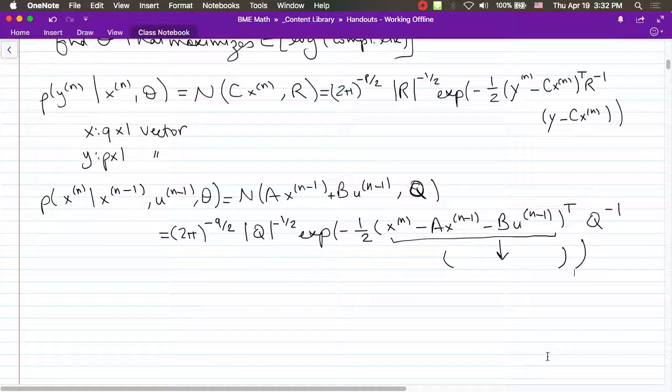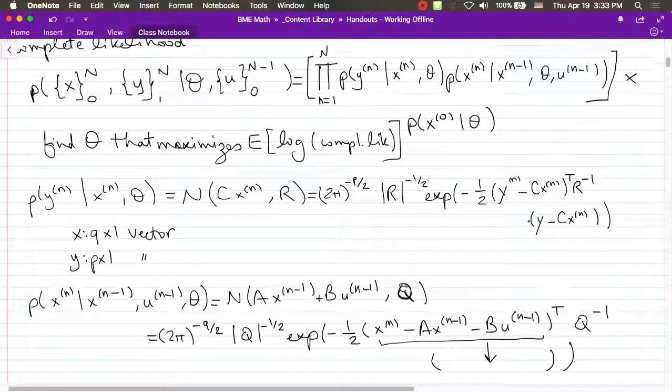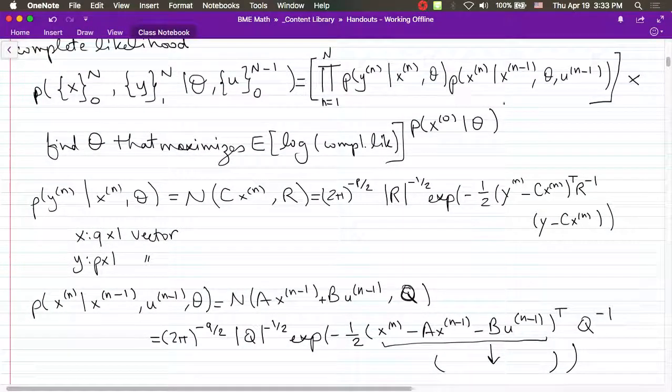Right, so that's two normal distributions in terms of the variables that we don't have. Basically all these variables we have to find. We have to find Q, we have to find A, we have to find B, we have to find R, we have to find C. These are things we don't know, and we have a cost function. Here it is, the log likelihood.